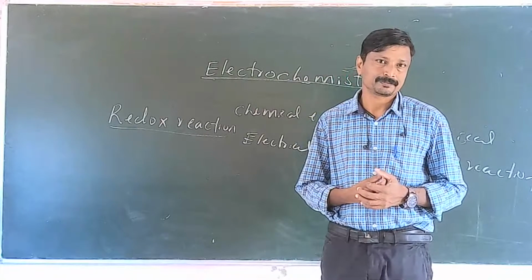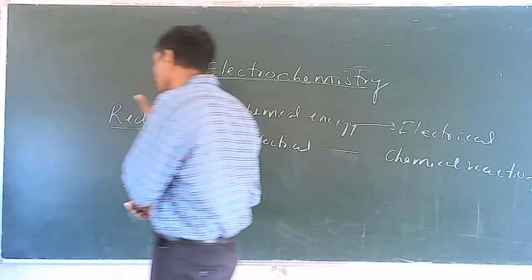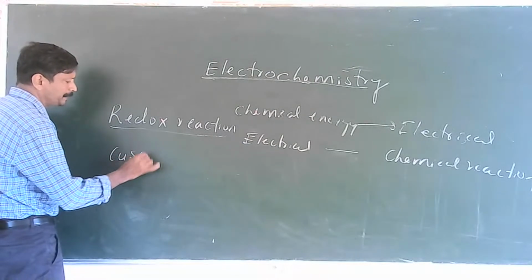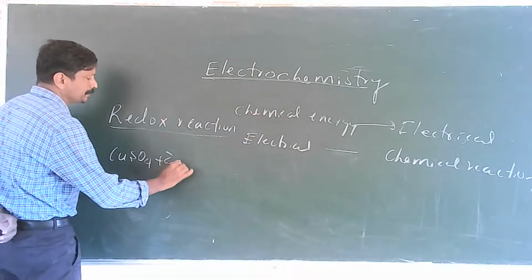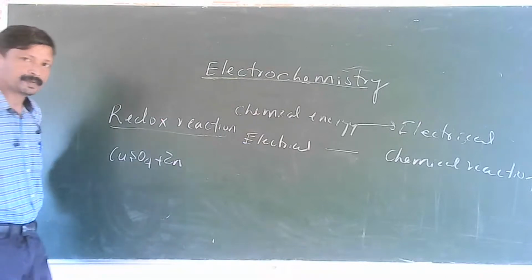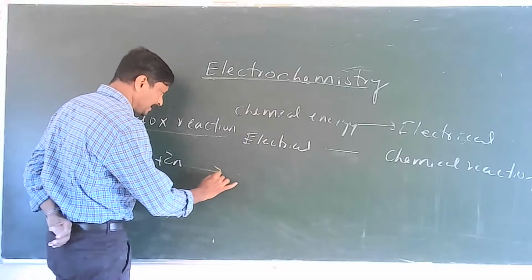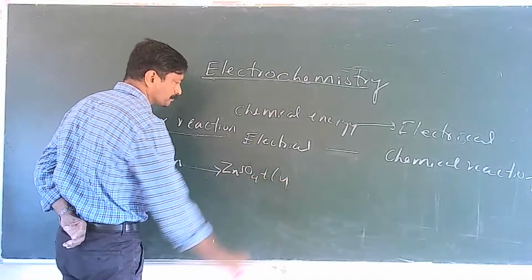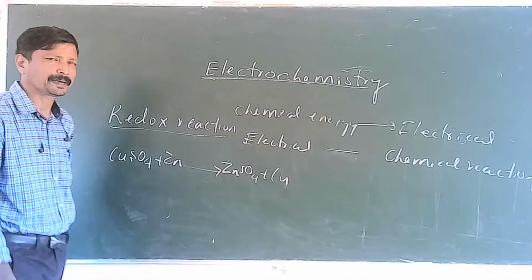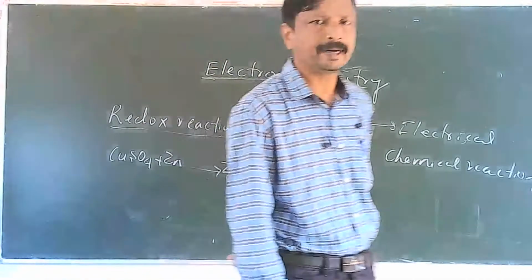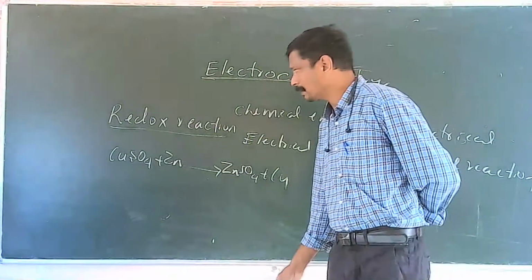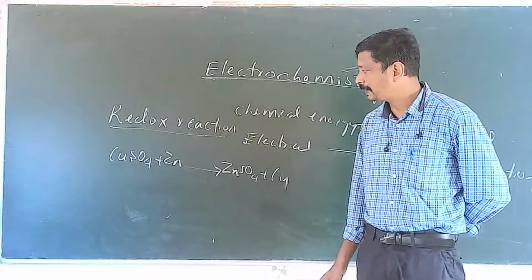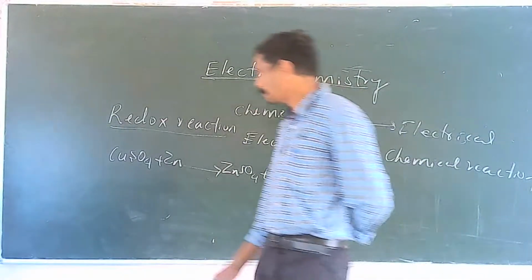For example, suppose you have copper sulfate plus zinc, giving zinc sulfate plus copper. Last year you also studied the redox reaction chapter. See what actually the reaction is here.